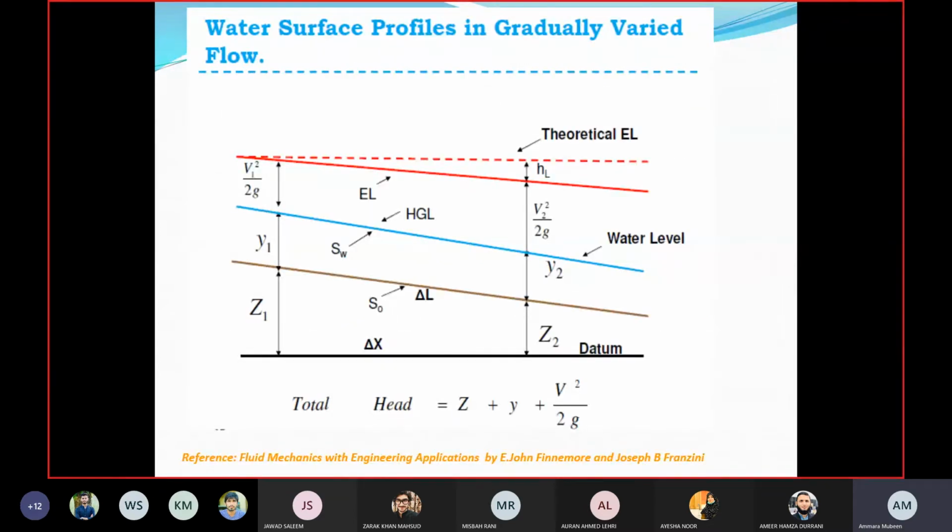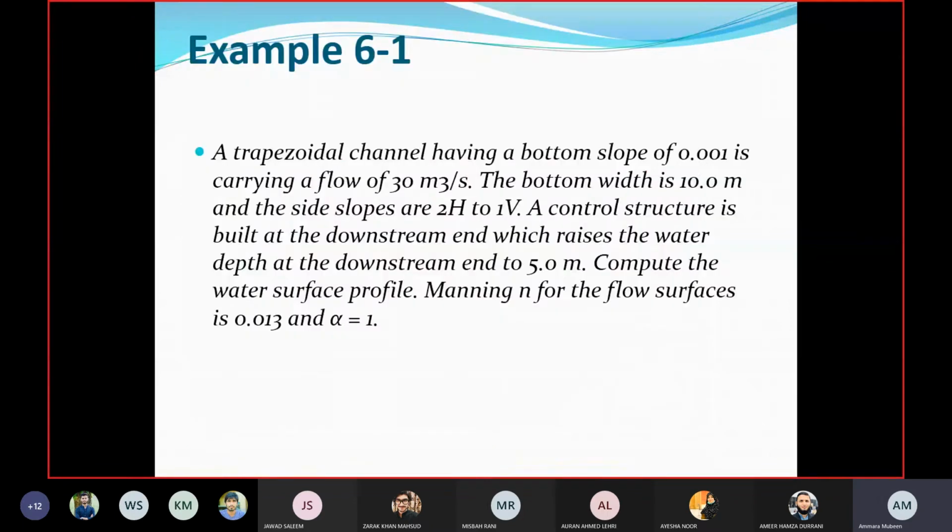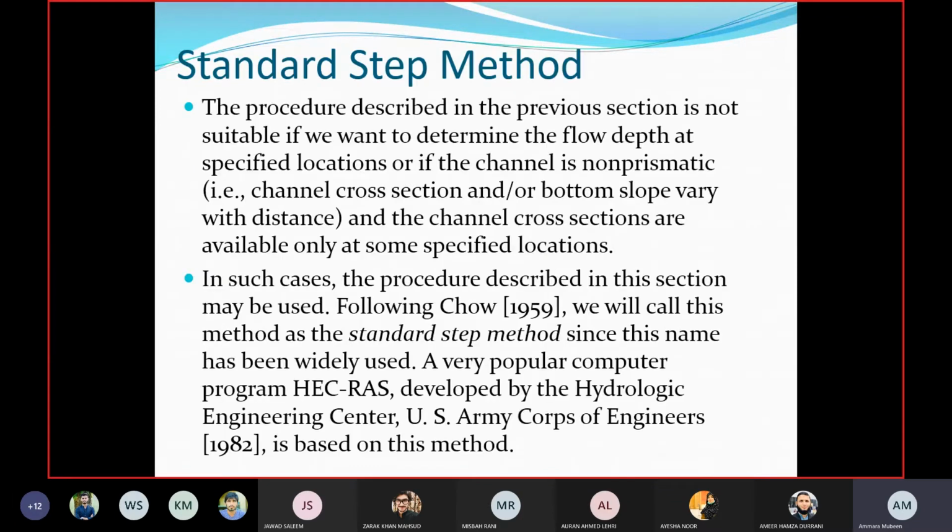Okay, let's discuss another method, which is called the standard step method. Kindly check that example in the book also, and it is similar to the questions we just discussed.